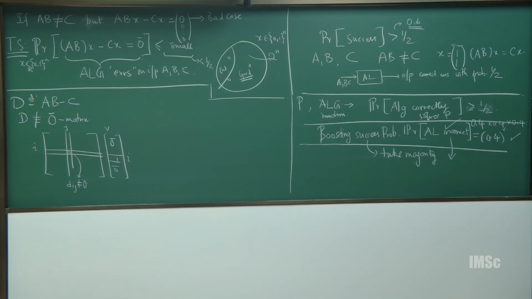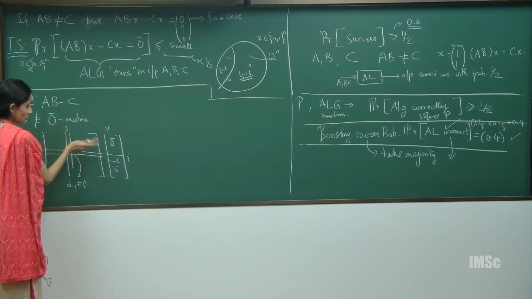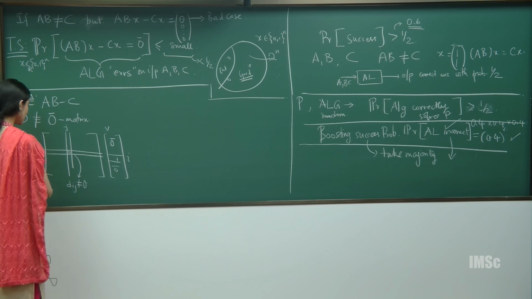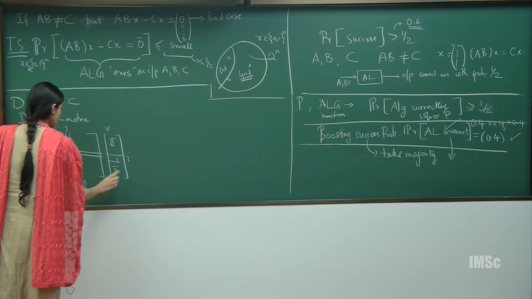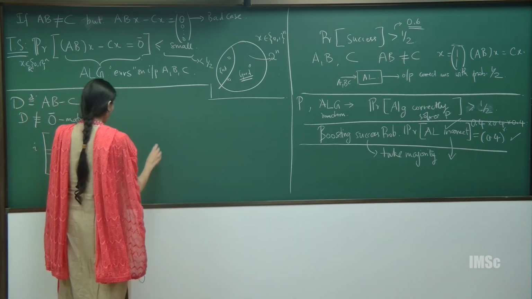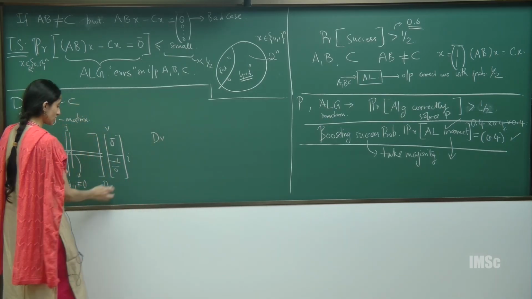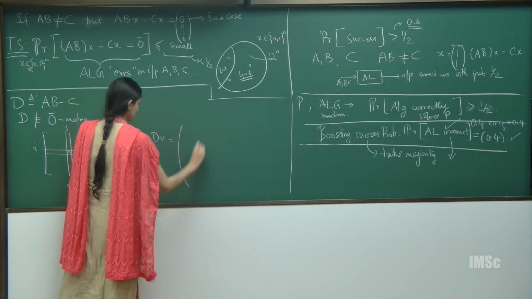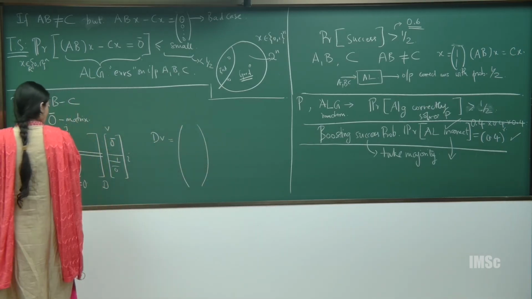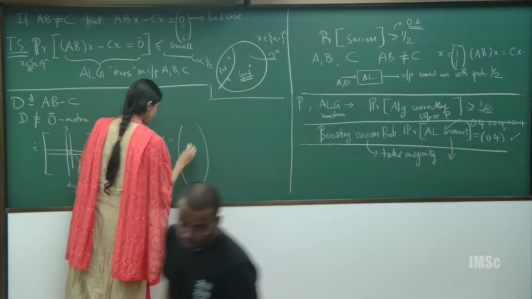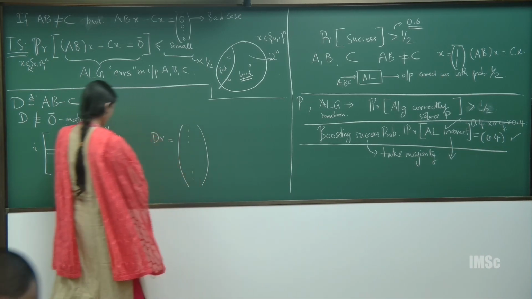Is that okay? So maybe you can assume until this everything was 0. So you put a 1 here. This is the matrix D. This is the vector V. So what can you say about the vector? The product is a vector. This is n cross n, this is n cross 1. What can you say about the entries of this vector?